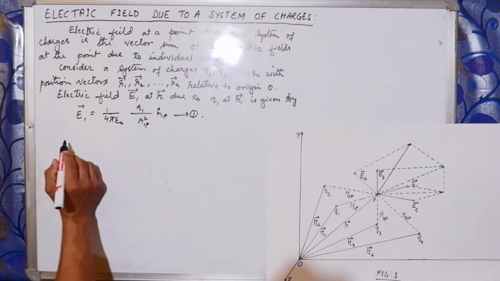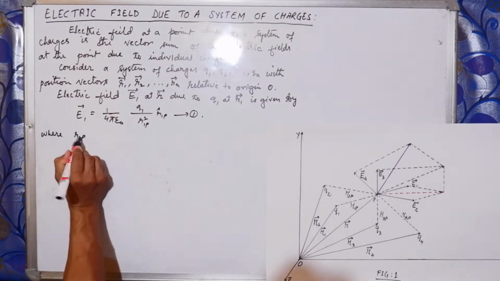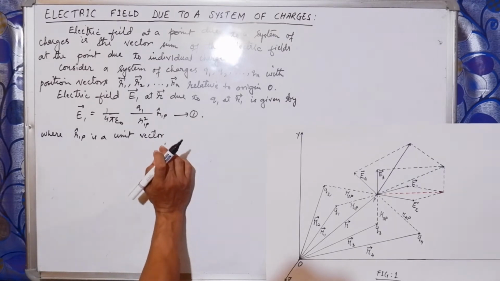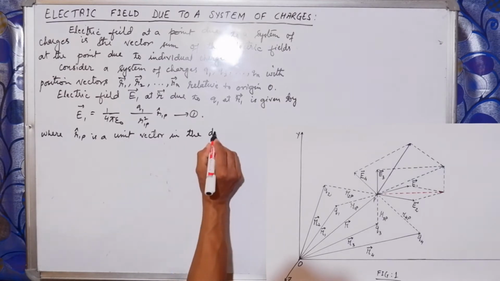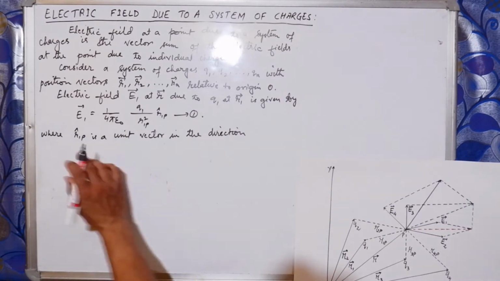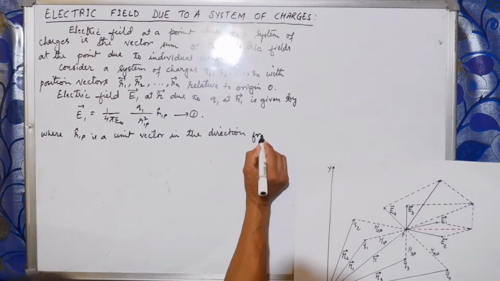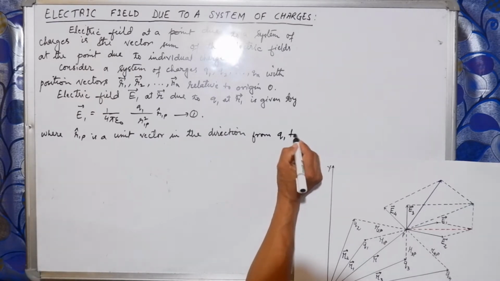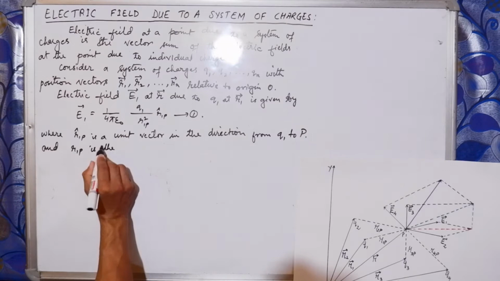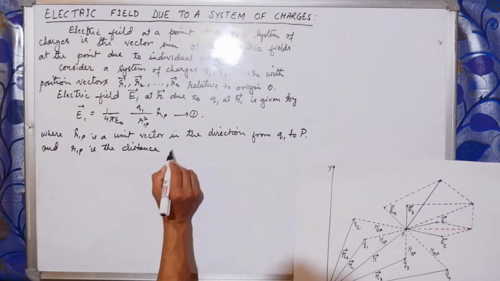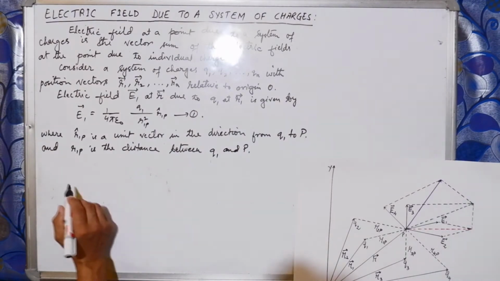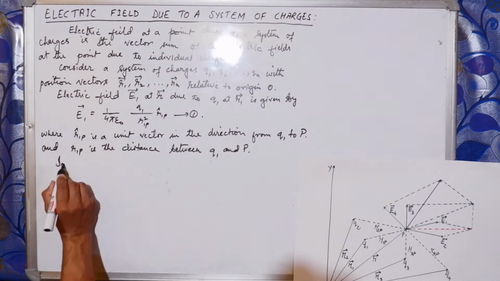Name this as equation 1, where R1P cap is a unit vector in the direction from Q1 to P, and the magnitude R1P is the distance between Q1 and P.